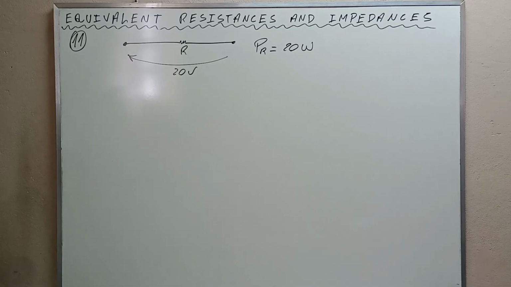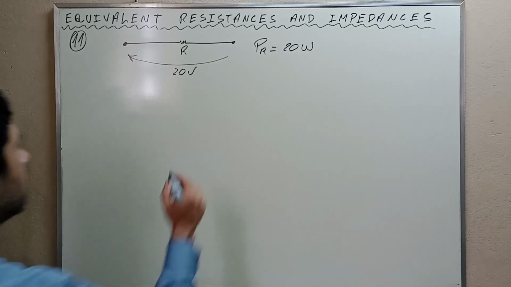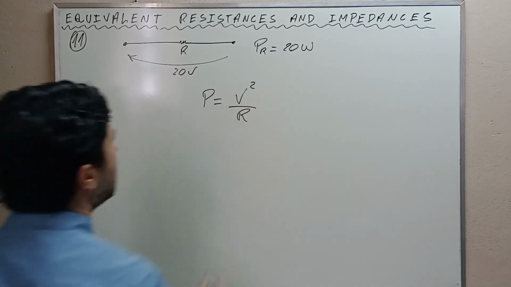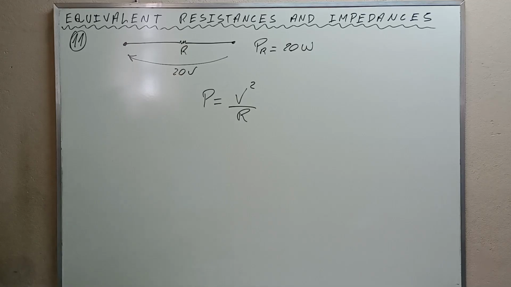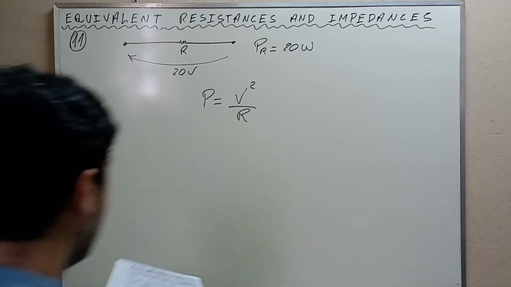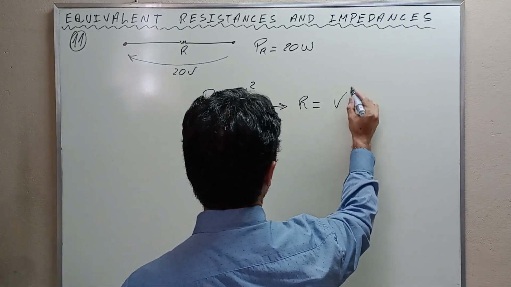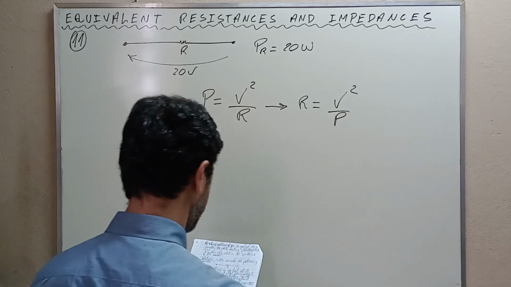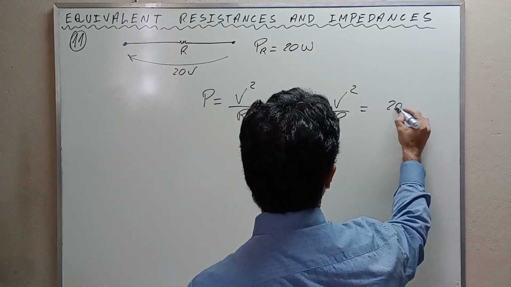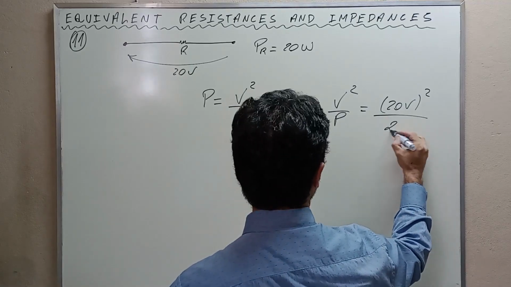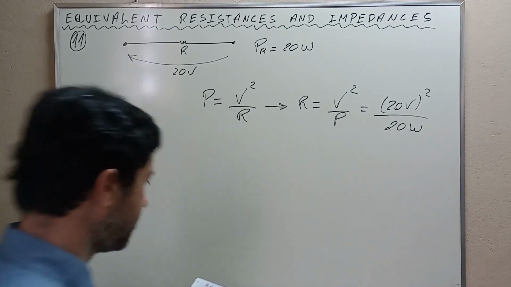Nevertheless, for any resistor, we know that power is equal to V squared divided by R. This expression can be used to calculate the resistance. R is equal to V squared divided by P, 20 volts squared divided by 20 watts.